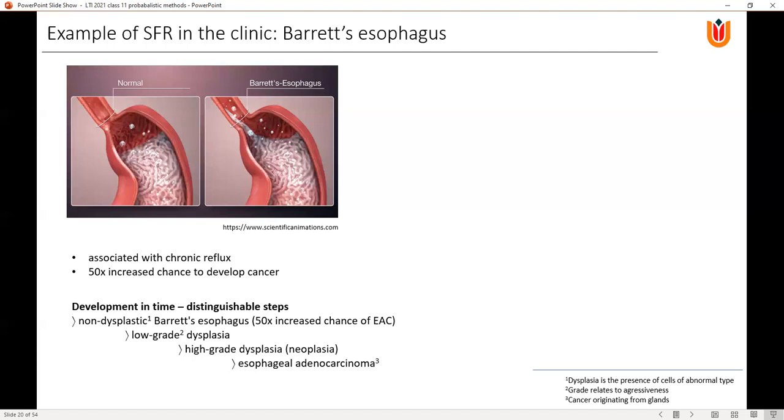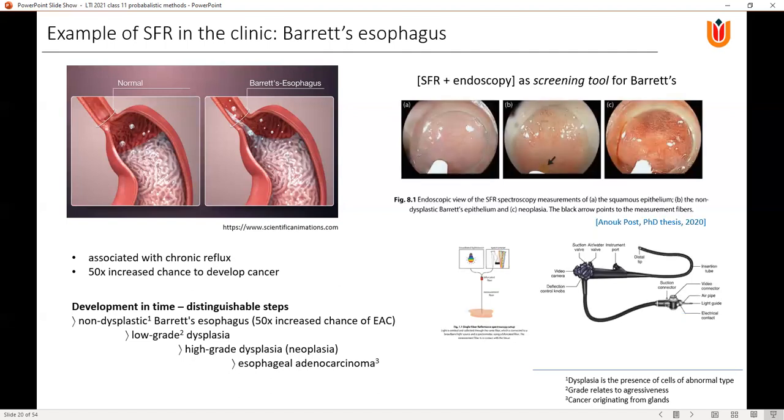For patients that come to the physician with the complaint that, well, I have this reflux and it has been occurring for a time, can we devise a measurement that is capable of seeing if already you're in one of these two stages.